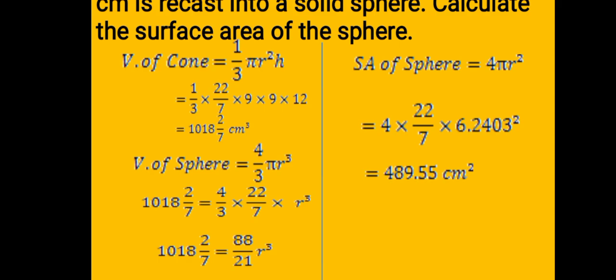We have found r, we know pi, so we can find the surface area of the sphere: 4 times 22/7 multiplied by 6.2403 squared, and we get 489.55 centimeters squared.